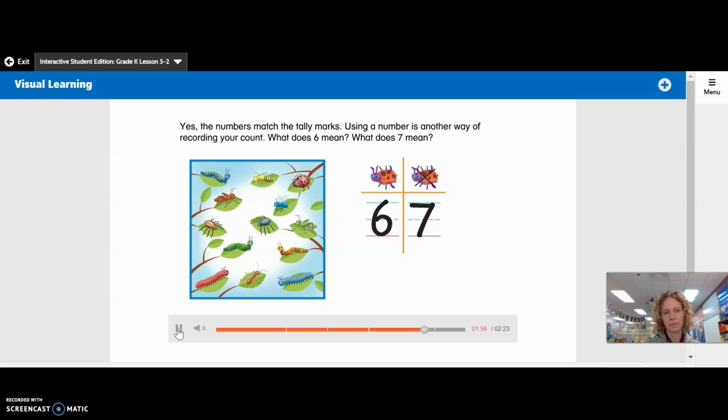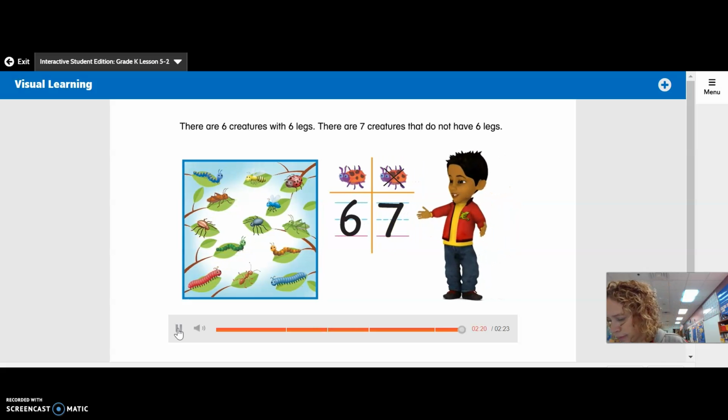Using a number is another way of recording your count. What does 6 mean? What does 7 mean? There are 6 creatures with 6 legs. There are 7 creatures that do not have 6 legs.